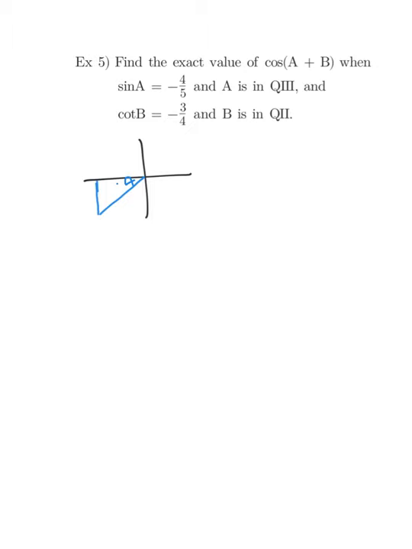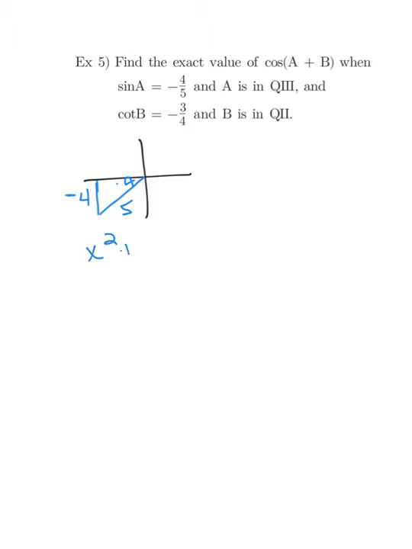Sine is y over r. So the y value has to be the 4, and the r value has to be the 5. If the sign is negative, which one of those numbers gets the negative? Remember that r cannot be negative. So the 4 has to be the negative, and if you're in the third quadrant, y values are negative. Do the Pythagorean theorem to find your x value.